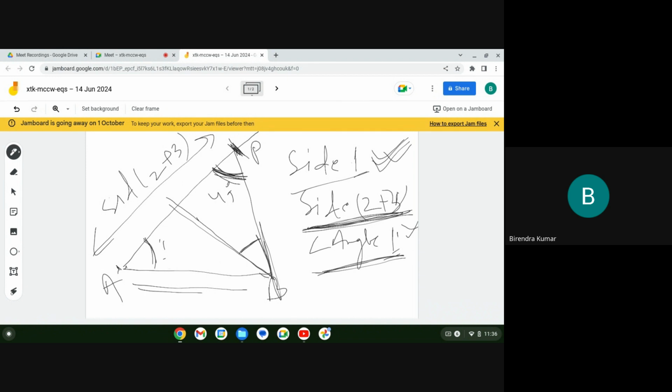By doing that, I'm making this an isosceles triangle. Let's say this is C. So my triangle CBP is an isosceles triangle, meaning a triangle which has two sides the same or the corresponding two angles the same.